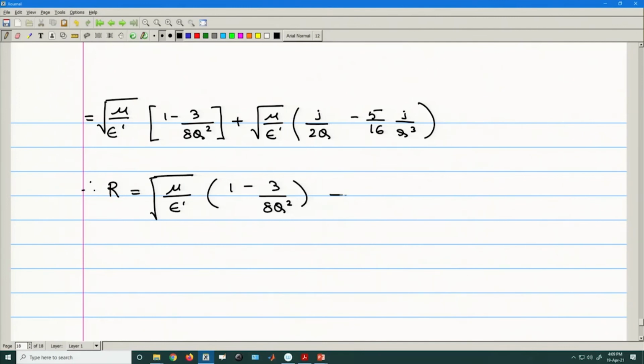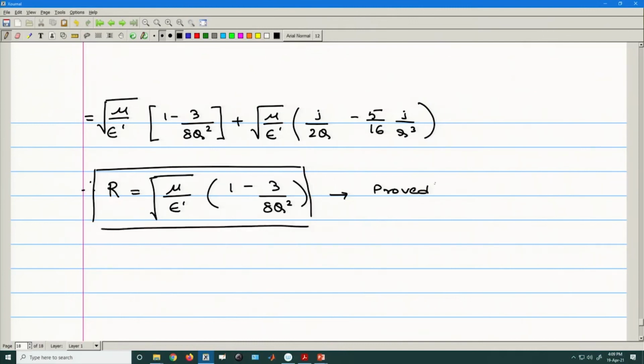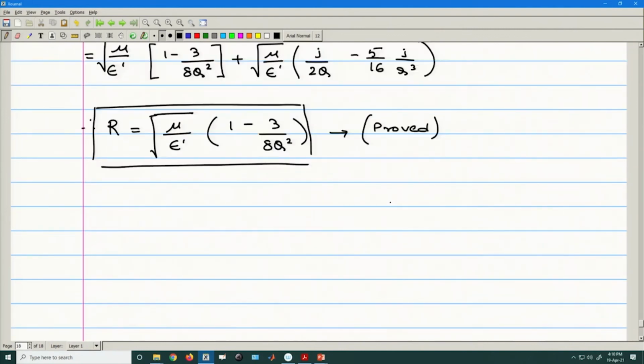Okay, so this one is proved, and from the imaginary part we will get, alpha as mu by epsilon prime. This will be 1 by 2q minus 5 by 16 q cube.